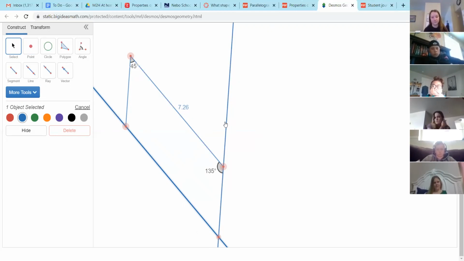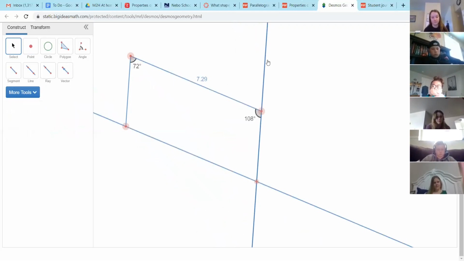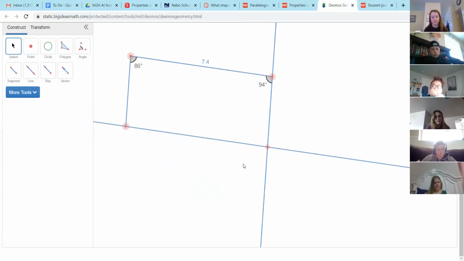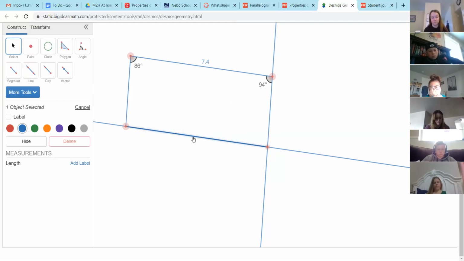Because it's infinitely long. Look, it goes on forever and ever and ever. Okay, so we need this to be just a segment. I'm gonna make a segment just from here to here so that I can select just the segment. Now I can measure the length.